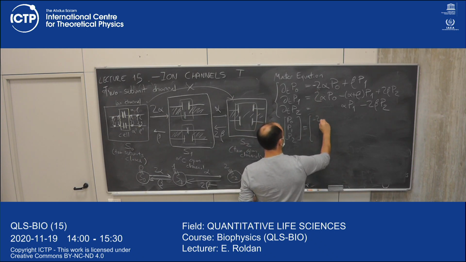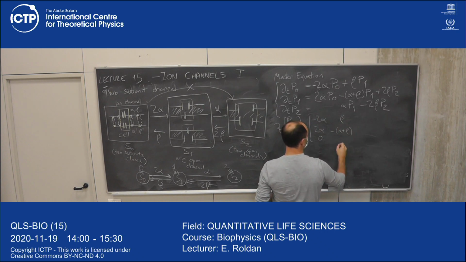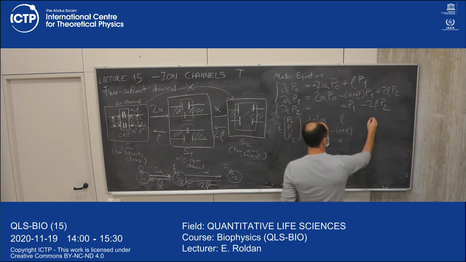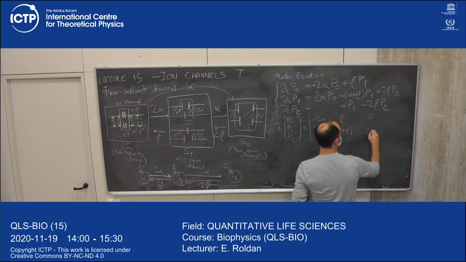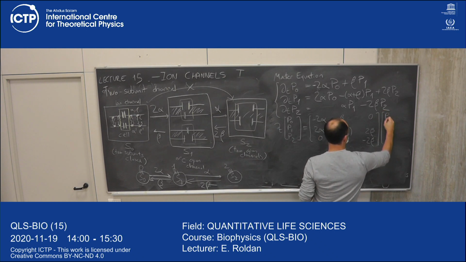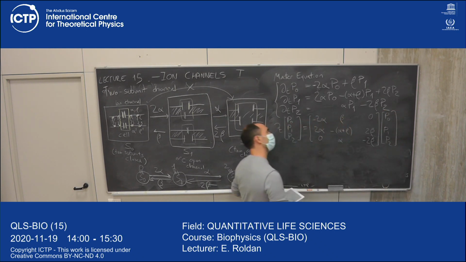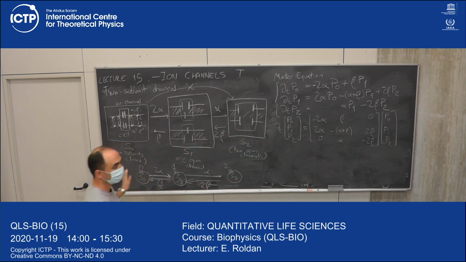So this is minus 2 alpha, to alpha, 0; beta, minus alpha plus beta, alpha; 0, to beta, minus 2 beta, times P0, P1, P2. Okay, do you agree?